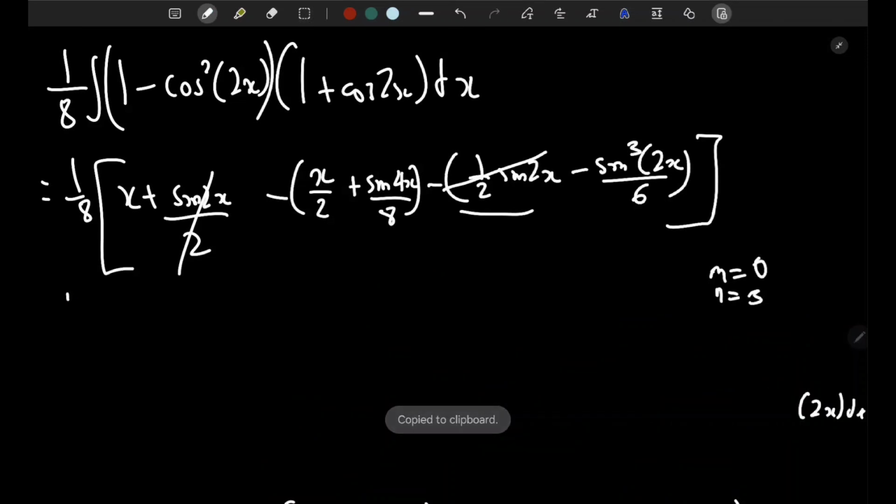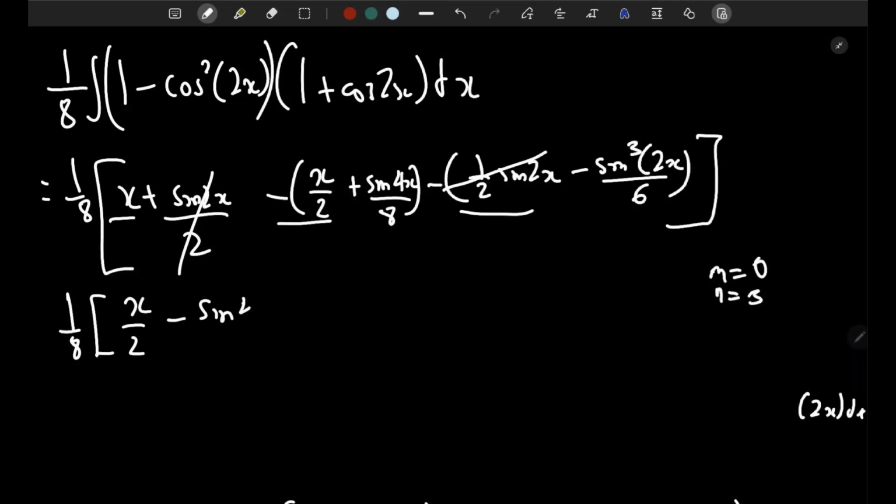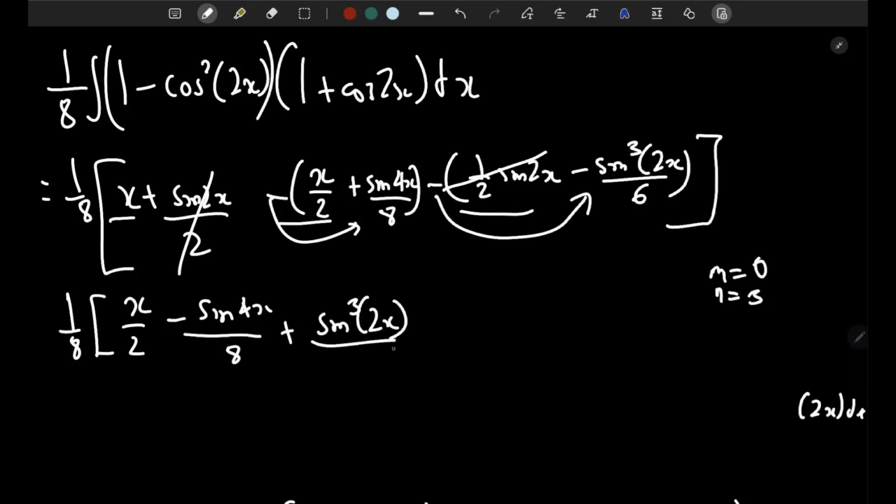So it's gonna be 1 over 8 open brackets x minus half x is gonna be x over 2. Moving on, so it's gonna be minus sine 4x over 8. I'm just distributing the minus sign over here and bringing sine 4x over here over 8, and here is gonna become plus sine cube 2x over 6.